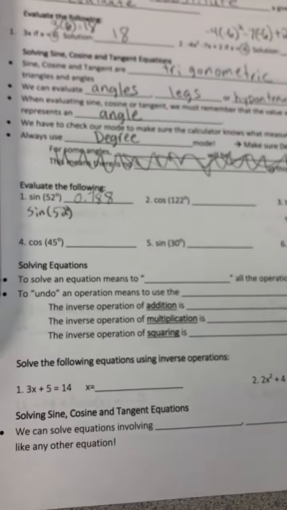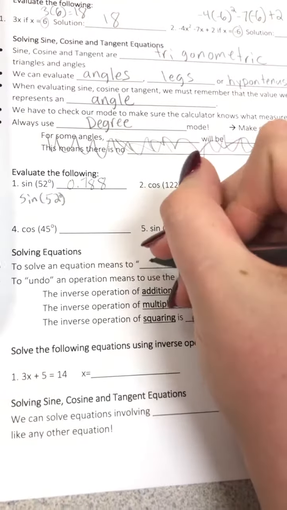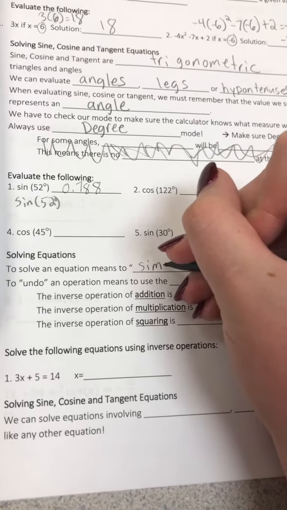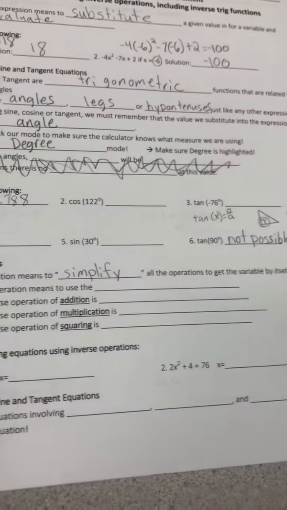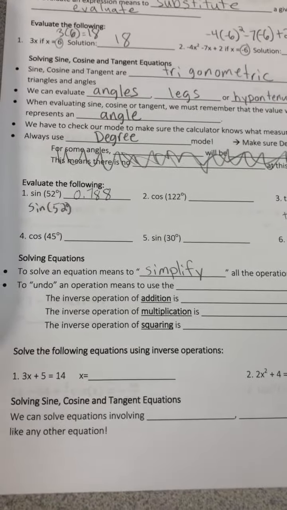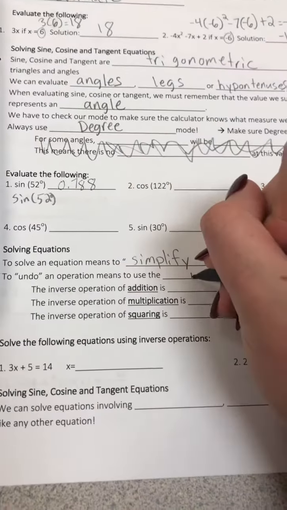Solving equations. To solve an equation means to simplify all the operations to get the variable by itself. To undo an operation means to take the inverse operation.